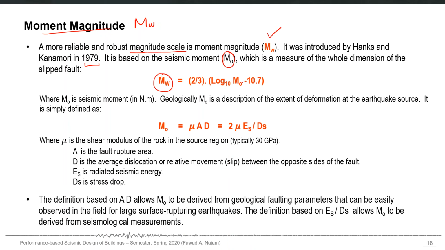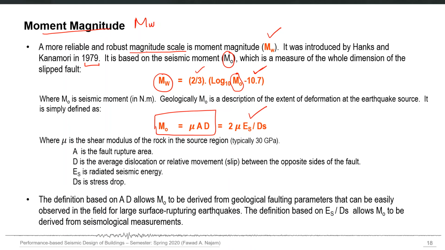So MW is a function of M naught, and all of those constants are basically just to make it compatible with the previous scales. But M naught is the primary input required to calculate the moment magnitude of an earthquake, and M naught is defined as the seismic moment.